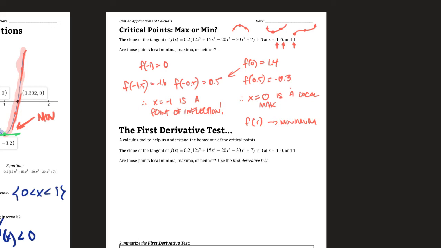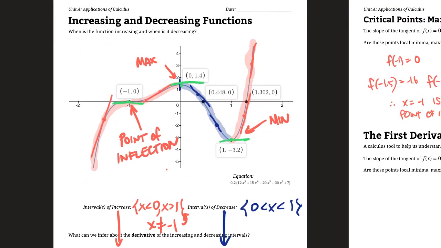This is a very useful test which allows us basically to check if a point that has a slope of 0, or tangent slope of 0, is a maximum or a minimum. So what we need to do to understand this is to go back to our drawing here. We saw for something to be a local maximum, it had to be increasing on one side and decreasing on the other side.